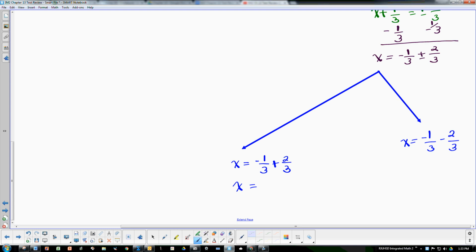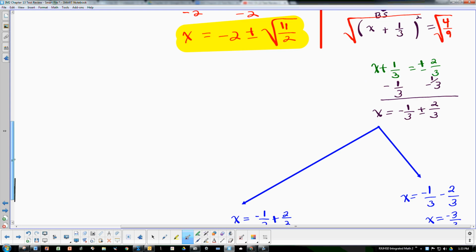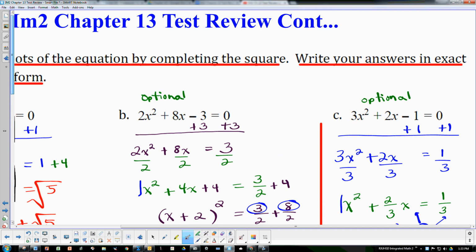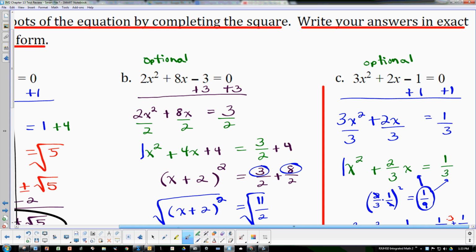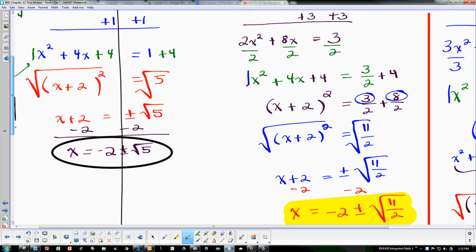So over here we're going to get 1/3, and x is equal to -3/3, or x is equal to -1. And there are your roots. So I think we have satisfied all the instructions. We have found all of our answers, and they're in simplified radical form.